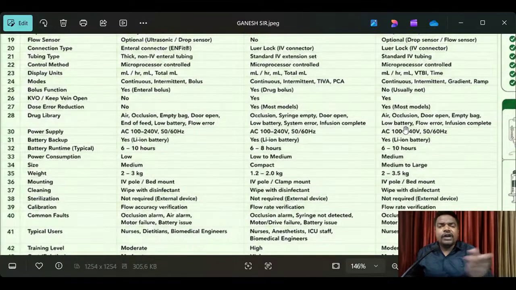If you compare the drug library, everywhere in the feeding pump, syringe pump, and infusion pump, you see a battery. Understand? Because whenever the power switches off or a sudden electrical issue happens, the equipment should not stop. That is why continuation of medication is very important.